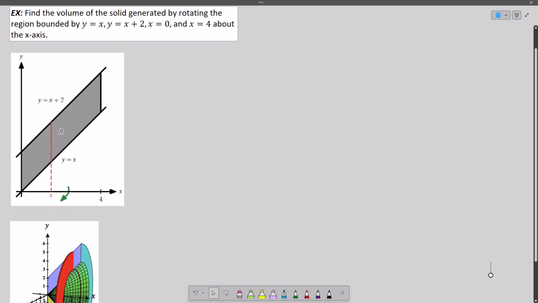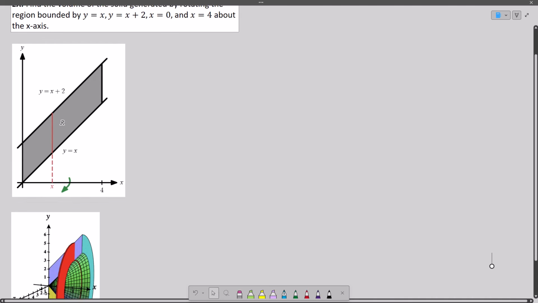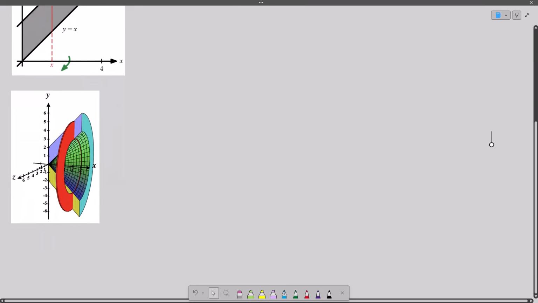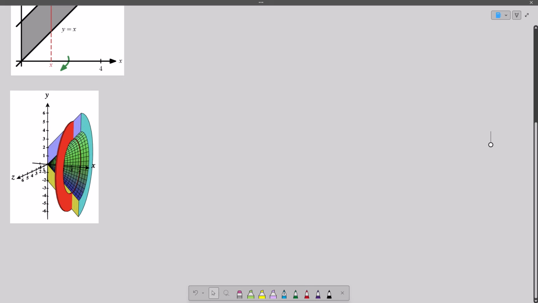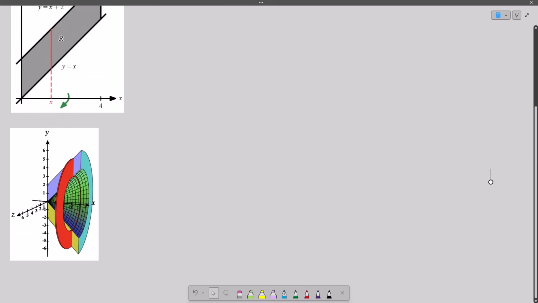So find the volume of the solid generated by rotating this region around. So we've got this parallelogram. We've got 4 different boundary curves to build this parallelogram. We're going to rotate it around the x-axis. We're going to get that shape. Our red segment right there, which is the random rectangle at x, is going to create that red washer.